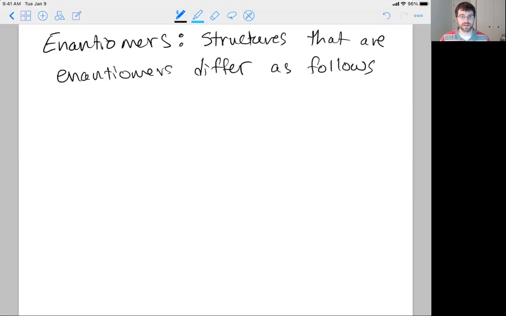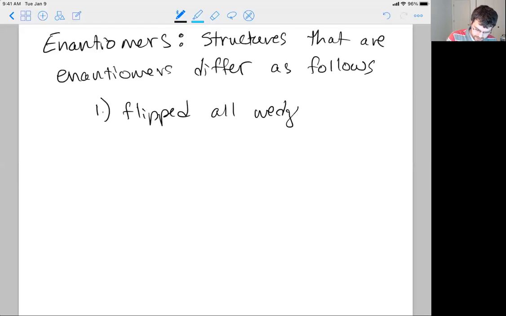Now I said that in general, this is a class of stereoisomers, so we're going to be different in our three-dimensional arrangement, but we're going to be more specific so that we can tell the difference between enantiomers and diastereomers. Number one, they have flipped all wedges and dashes.